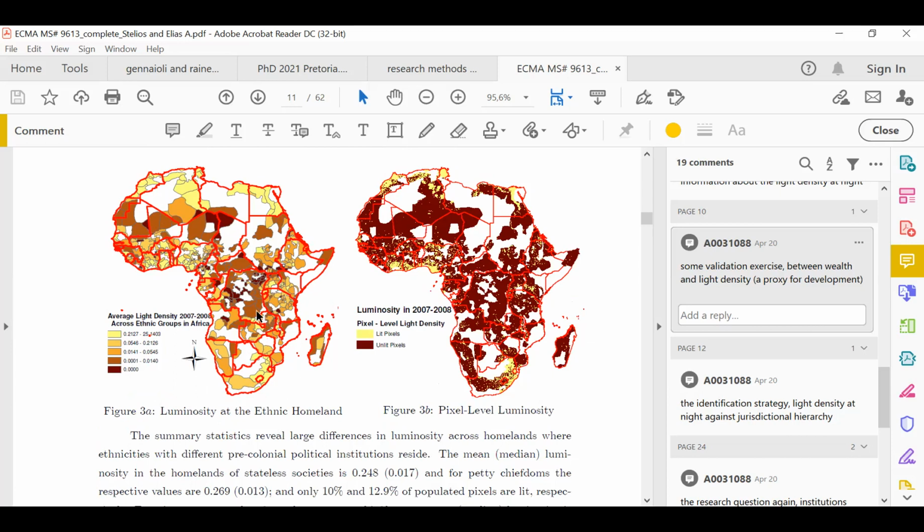And we can see that some ethnicities were cut in half when the contemporaneous African boundaries were put together in Berlin back in the 19th century. Okay, and then we can also see average light density across ethnic groups in Africa. And on the right, we can see again the two types of the boundaries, but the luminosity in 2007, 2008 at the pixel level. Okay.